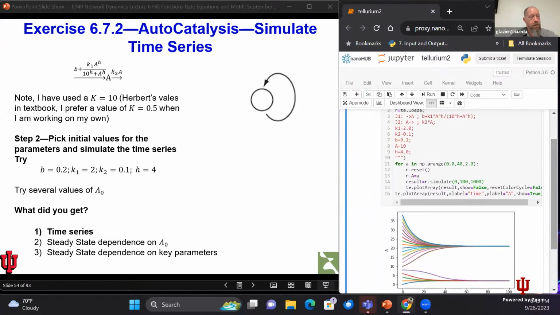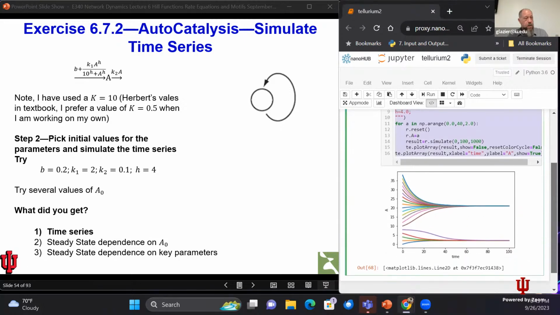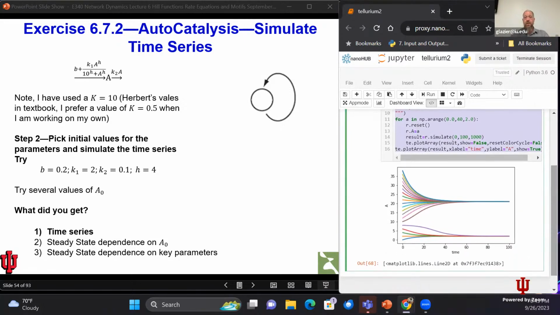People able to get something that looked like that? So this is our first interesting result, perhaps. Well, in some ways, the fact that we get the Hill function and the Michaelis function was interesting. But this is our first biologically interesting result. Here we have the simplest possible circuit.